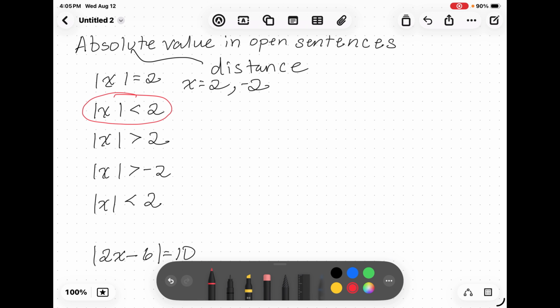So what are some numbers that would work here? Is the absolute value of 2 less than 2? No, it's not. Is the absolute value of 1 less than 2? Yes, it is. How about 0? Yes, it is.